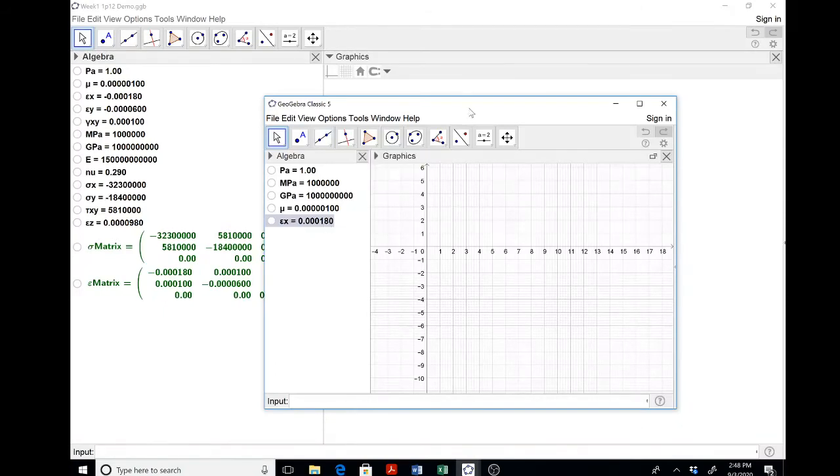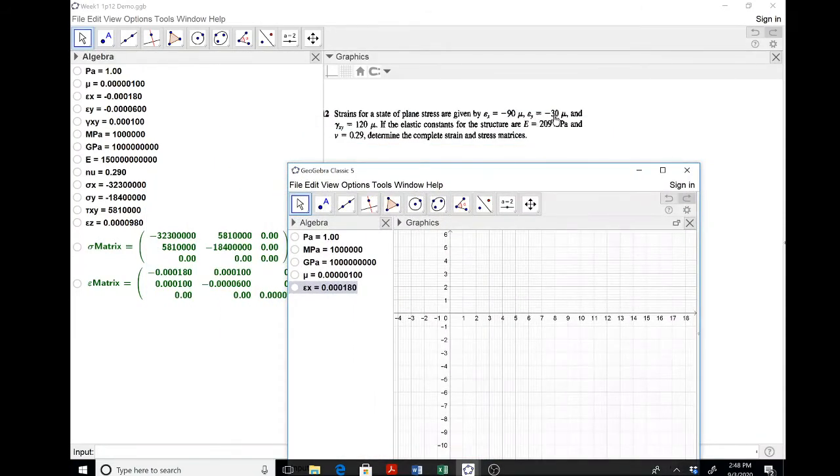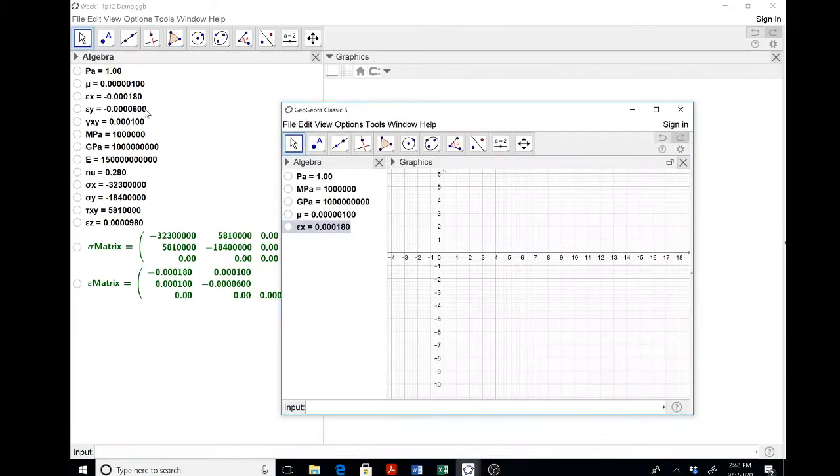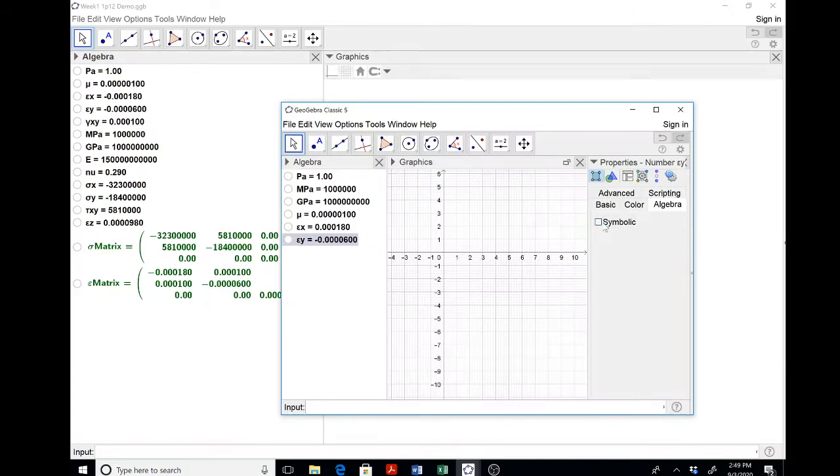So now we're at 180 microstrain negative. And then in your homework, it's minus 30. I changed it over here to minus 60. I just made up some numbers here. Epsilon y is minus 60 microstrain. So again, the units are not super built in, but I like this.